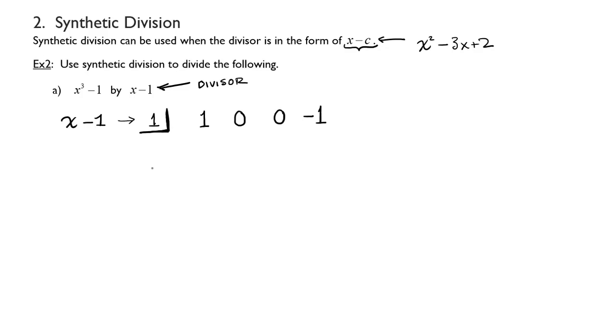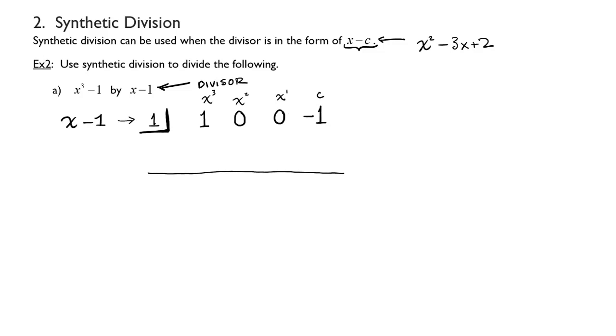This means that I now have a descending order of coefficients, and it's understood that this is my c, this is x to the first term, this is x to the second term, and this is x to the third term. So when you're trying to decide what your quotient is, you always work your way from right to left, every term increasing by one exponent.